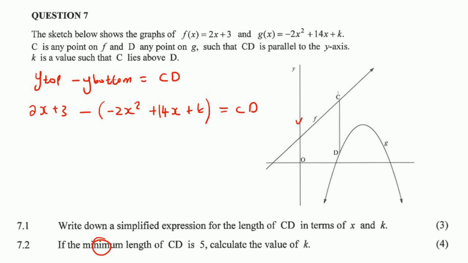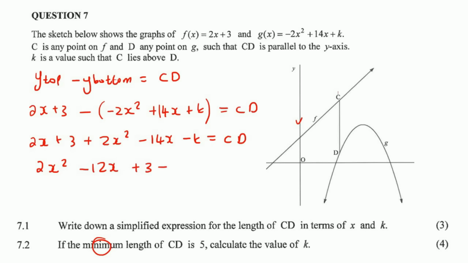Now you just want to simplify all of that, so that's going to be 2x plus 3 plus 2x squared minus 14x minus k equals CD, and now we put all like terms together, so that'll give us 2x squared minus 12x plus 3 minus k, and that is the simplified expression for the length of CD in terms of x and also in terms of k.